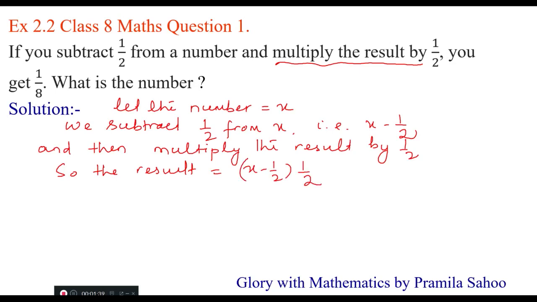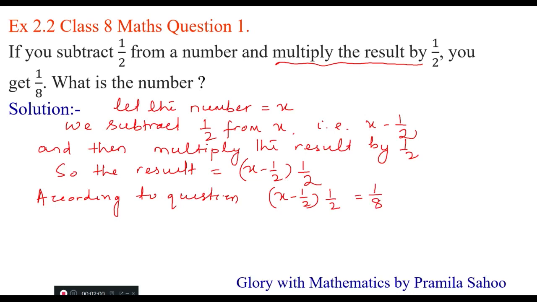According to the question, the result is 1 by 8. So, x minus 1 by 2 multiplied with 1 by 2 is equal to 1 by 8.